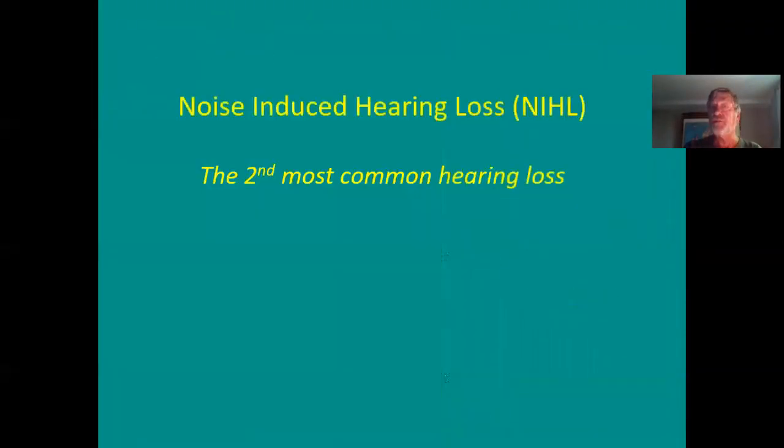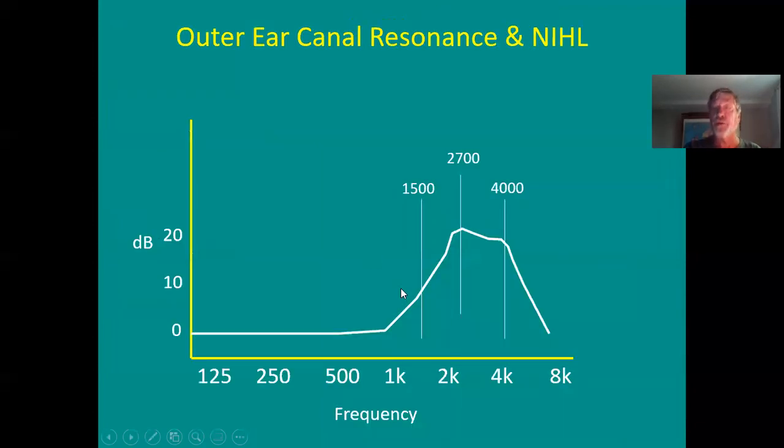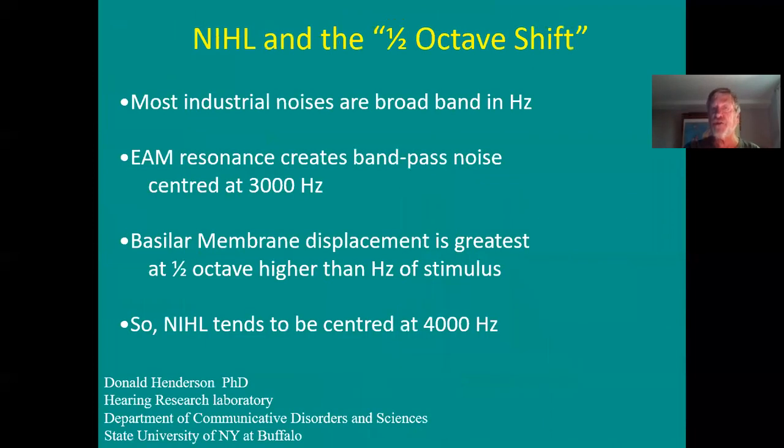Noise-induced loss, there's the trademark of noise-induced loss. Remember from last week, the unique shape of the audiogram, mainly caused due to the resonance properties of the outer ear and canal. And remember the half-octave shift. The basilar membrane displacement tends to be greatest at around a half an octave higher than the frequency of the loud sound.